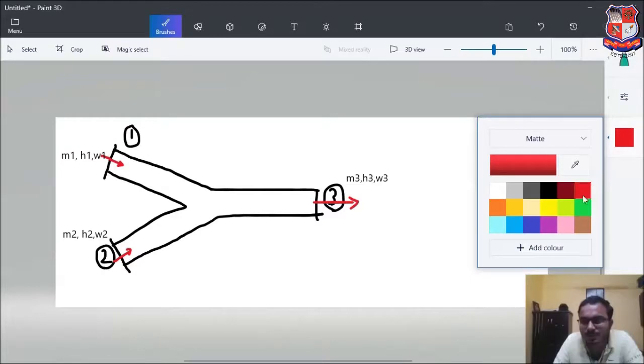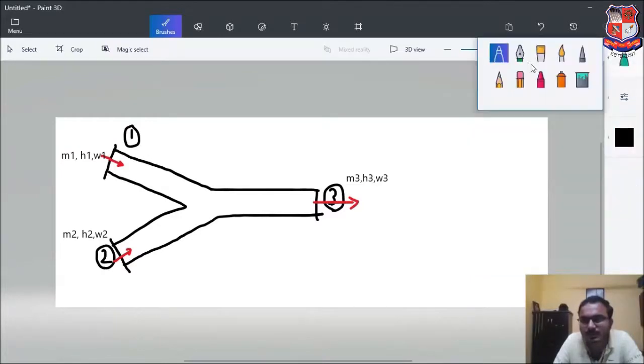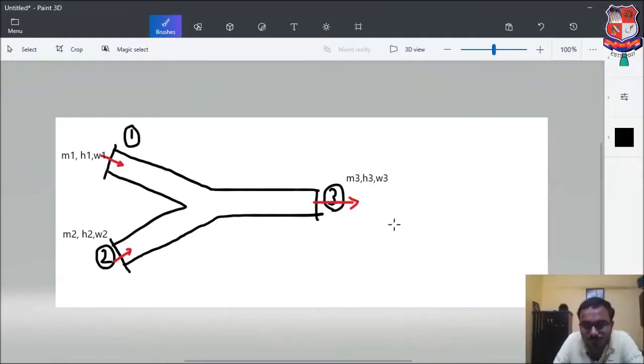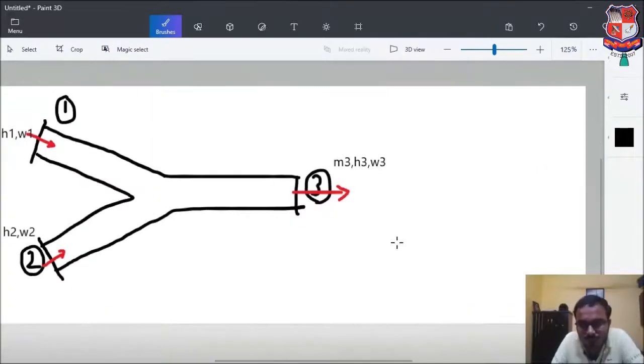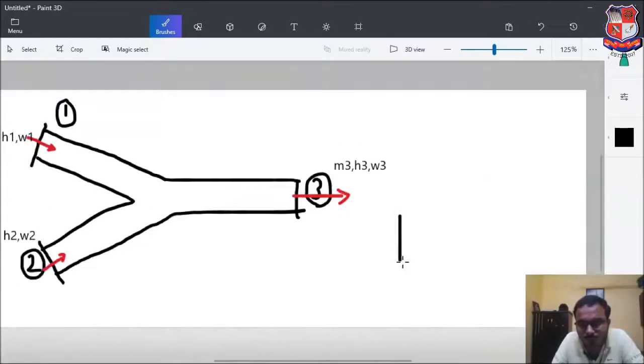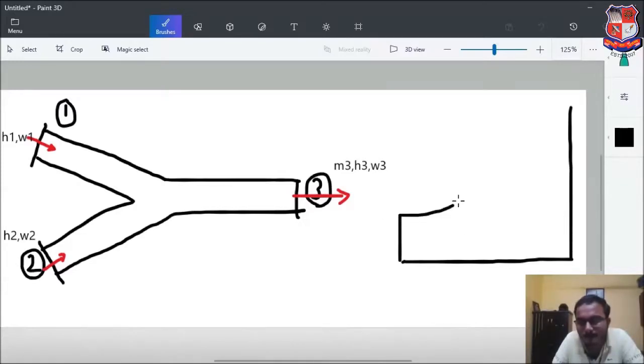Okay, so let's draw the psychrometric chart for this. So we are having various points. Point number 1 is here. Then let us say the condition of the stream at point 2 is this.